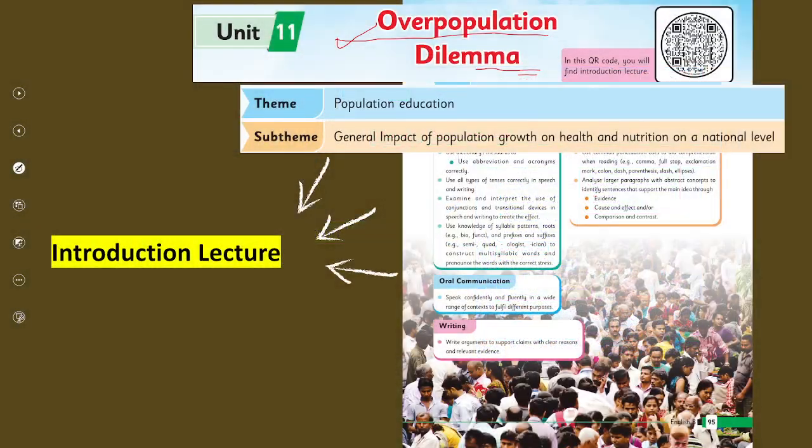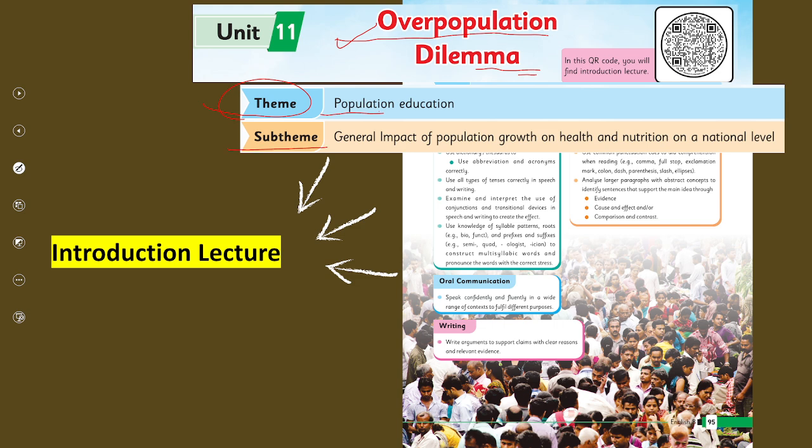The main theme that you can see throughout the whole lesson is called population education, because you are being educated about population, how it works, about numbers and other relevant things.